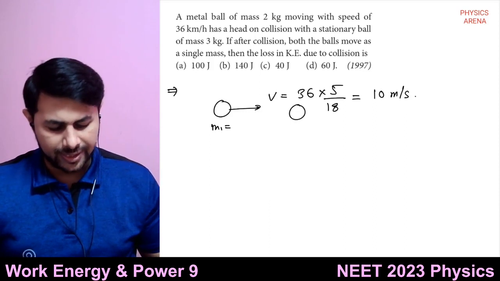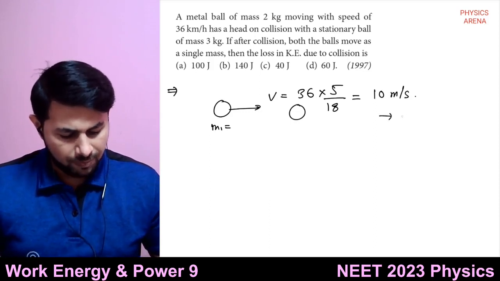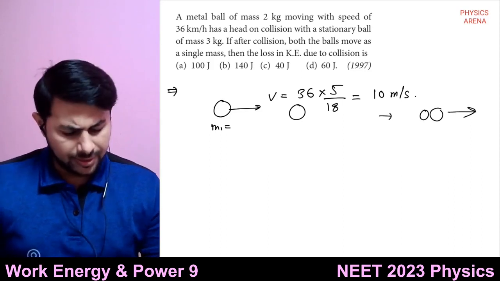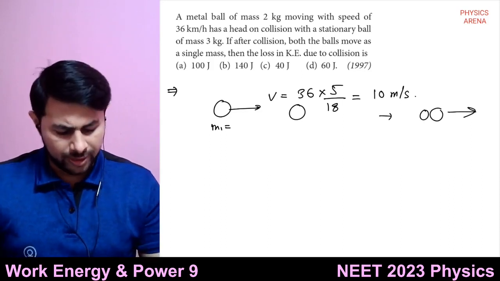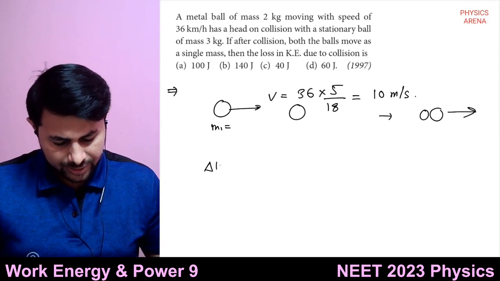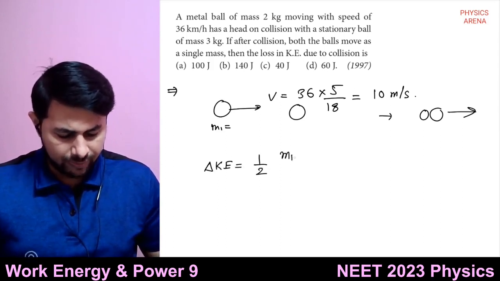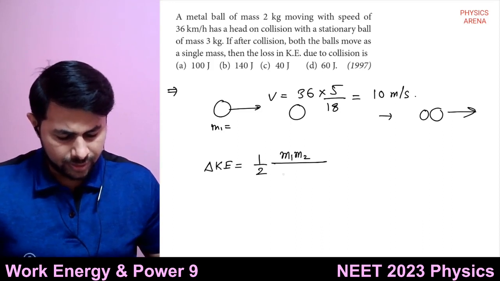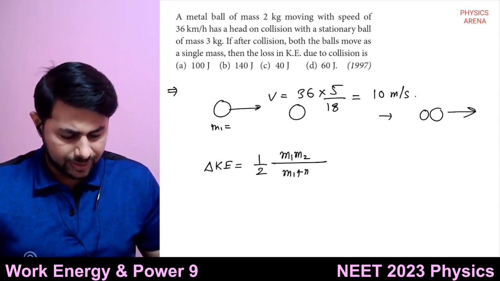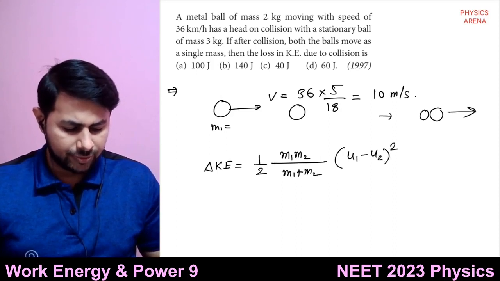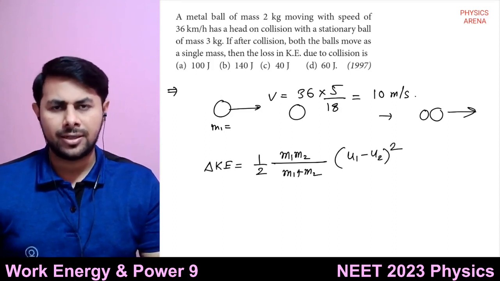It collides with the second ball, and after collision, these two move together. So what's our formula? The loss in kinetic energy is half of m1 m2 divided by m1 plus m2, multiplied by (u1 minus u2) squared, in case of perfectly inelastic collision.